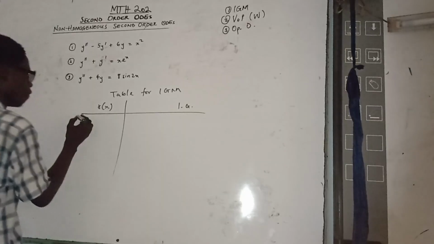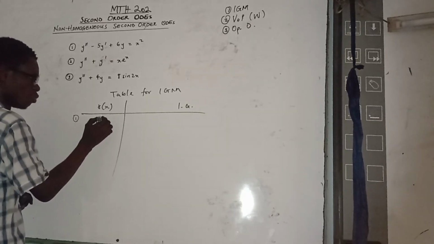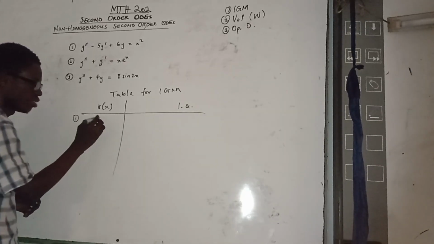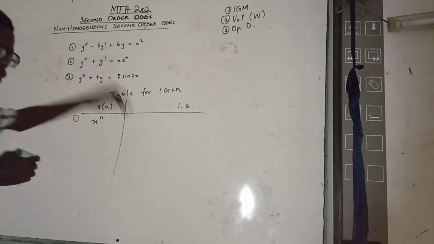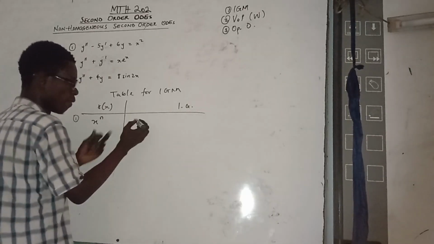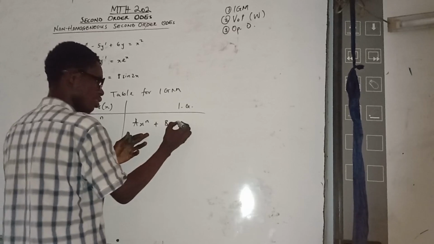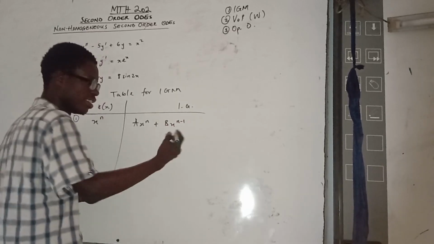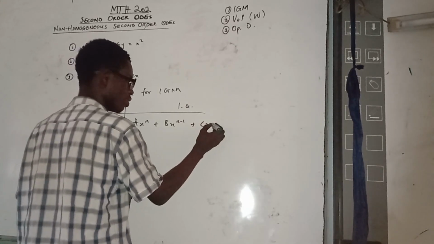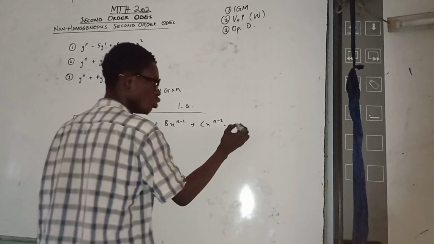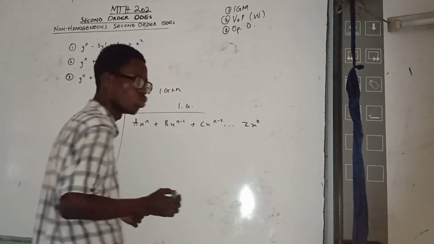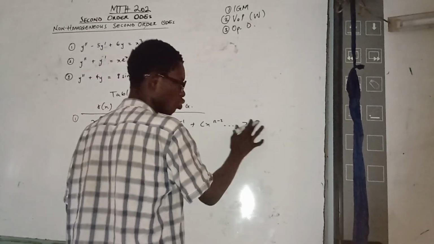For anything like x raised to power n, we are going to use a x^n plus b x^(n-1), decreasing it, plus c x^(n-2), till you get to x raised to power 0, which is the same thing as 1, so you can just remove it.